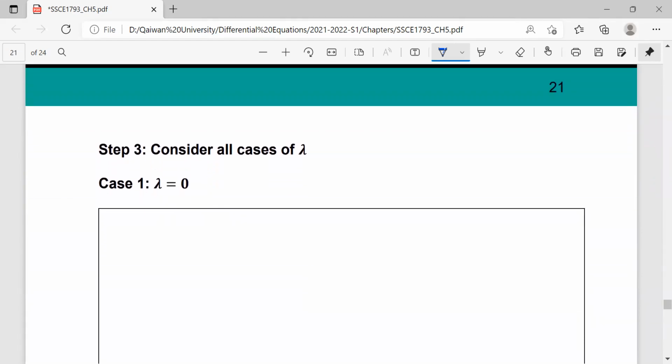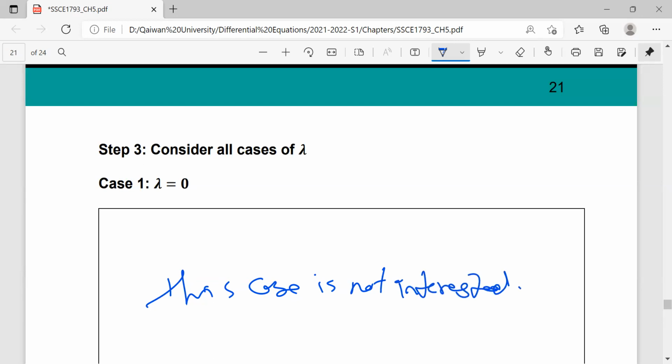In the case where lambda is 0, it's not interesting, and we don't get a non-trivial solution. It's the same as before.